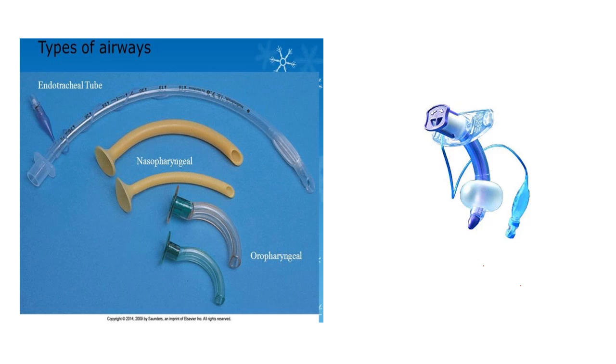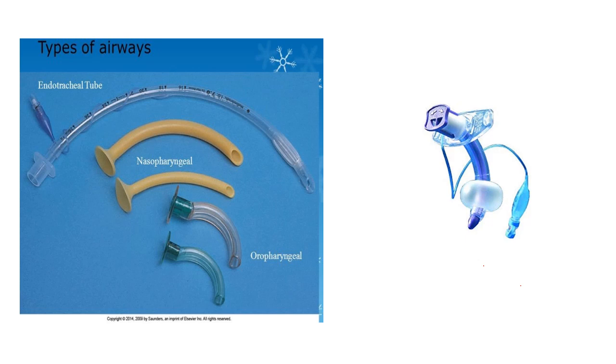How can we measure the oropharyngeal airway? Here, put this end at the level of your incisor teeth, and then this one is at the angle of the mandible, and by putting it outside we can measure it.